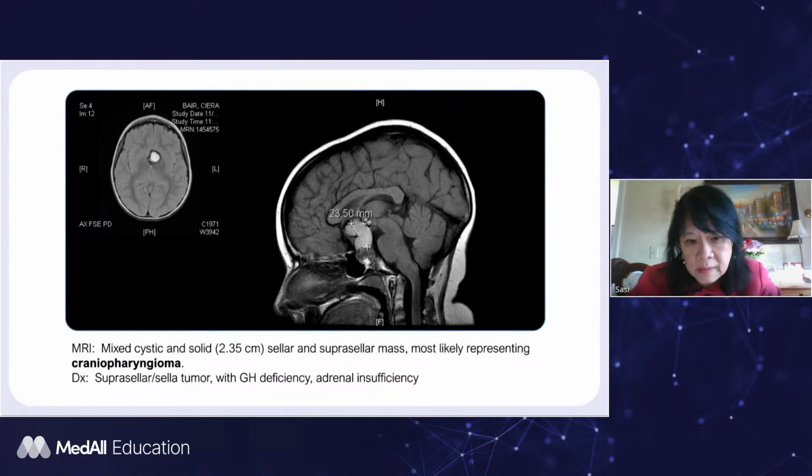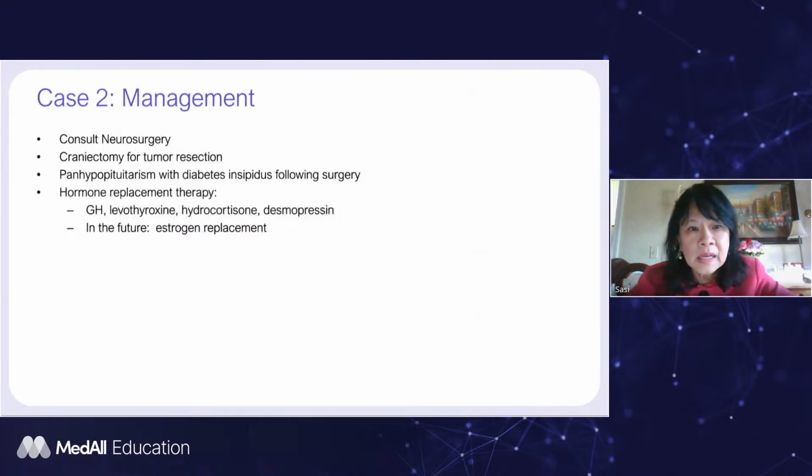So she has panhypopituitarism after surgery, with growth hormone deficiency, adrenal insufficiency, hypothyroidism, and DI. And she also has hypogonadotropic hypogonadism as well. So she requires multiple hormone replacement therapy.